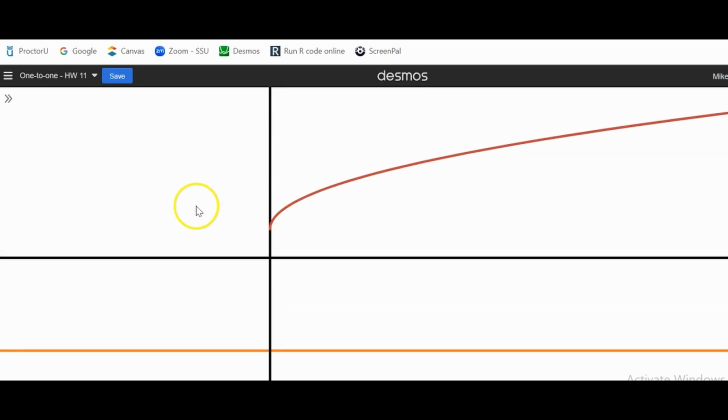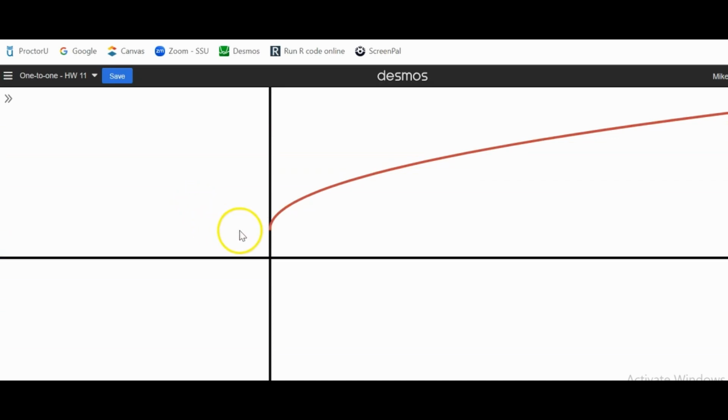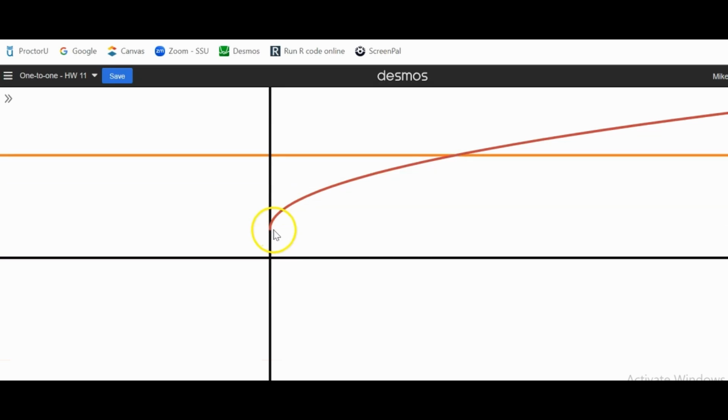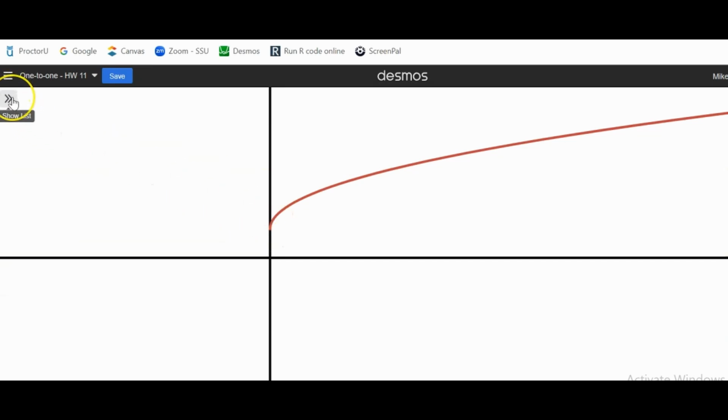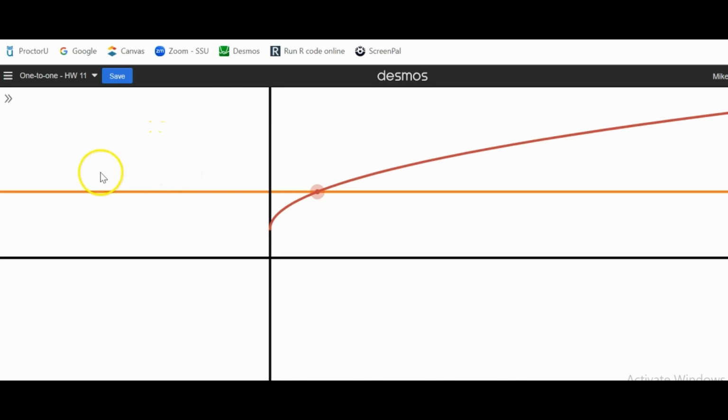Okay, this function is a square root function, and you can see that the horizontal line never passes over in more than one place. In fact, this is one where I'm going to stop it. If I stop this horizontal line from moving, we can see where it intersects this graph right here.